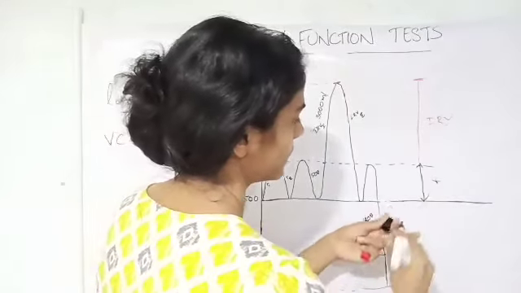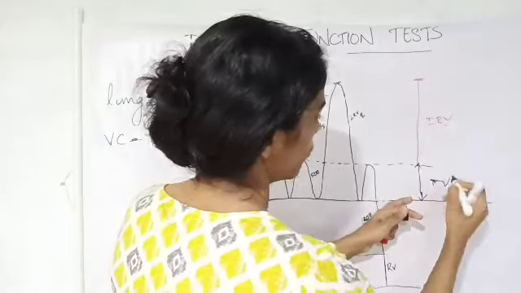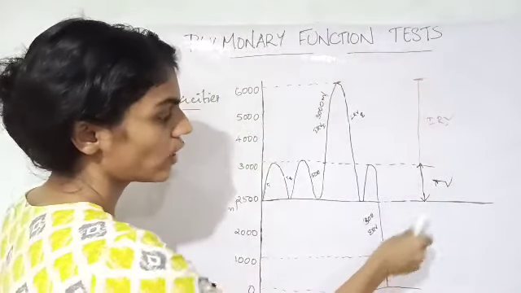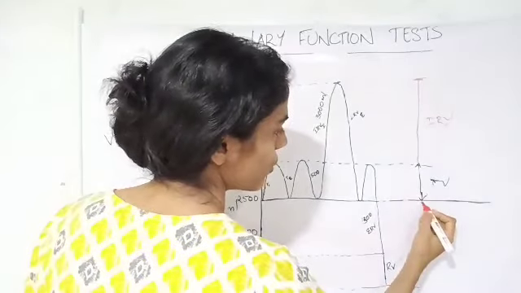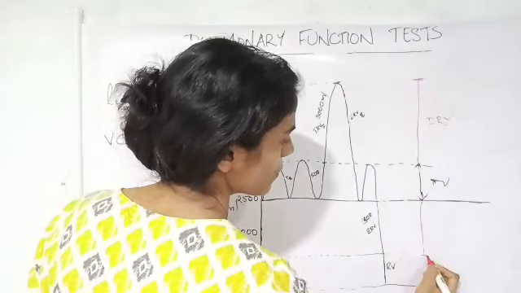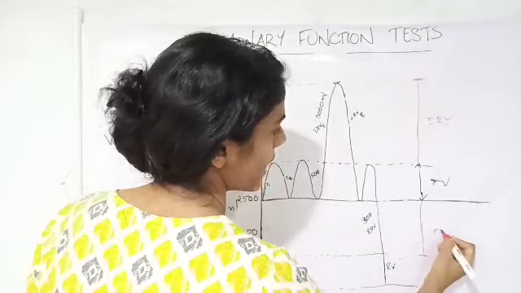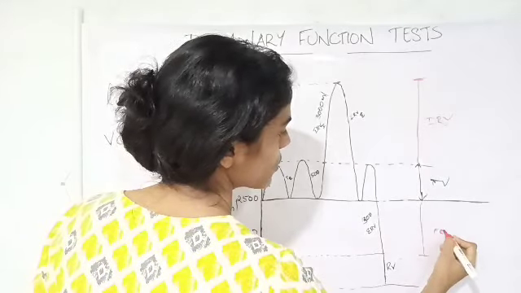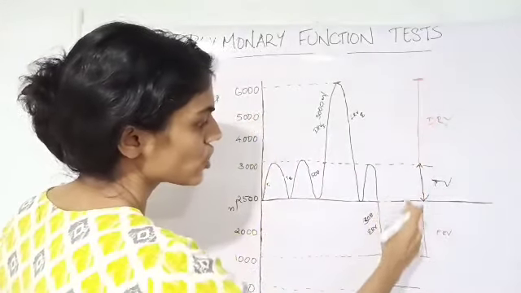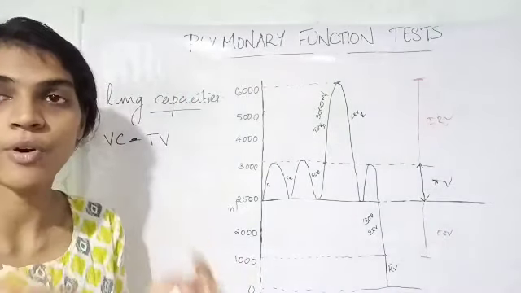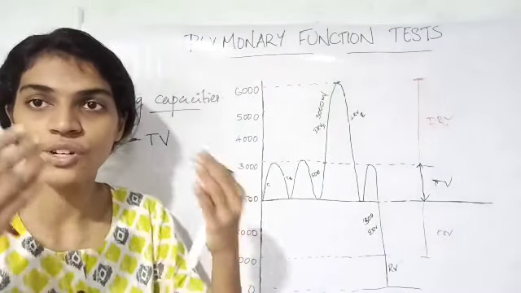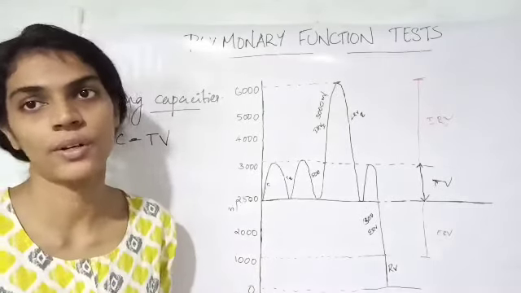And we'll take one expiratory reserve volume also. From here to here, this is expiratory reserve volume. These together form the vital capacity, the amount of air that can be forcefully taken in and forcefully taken out.